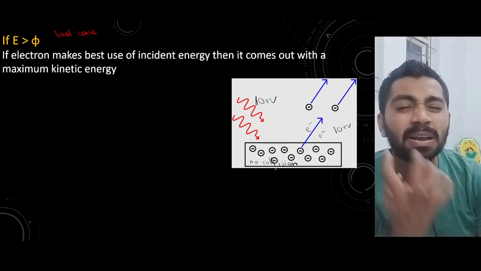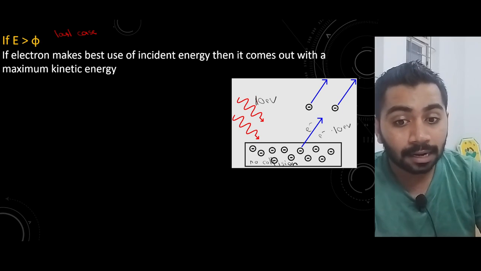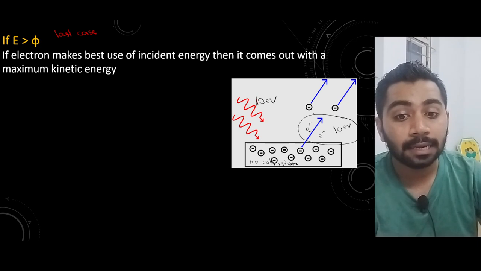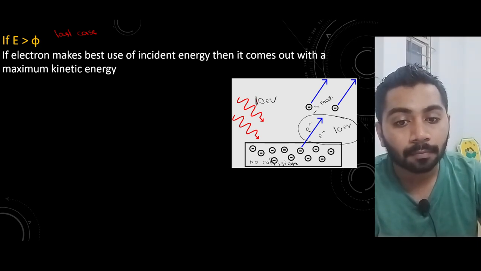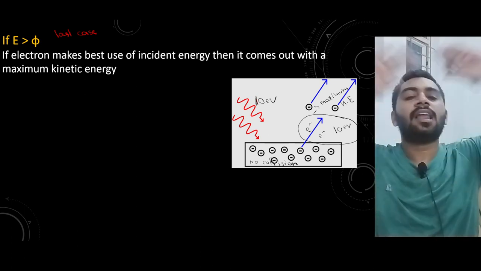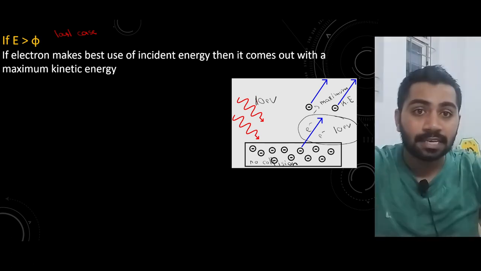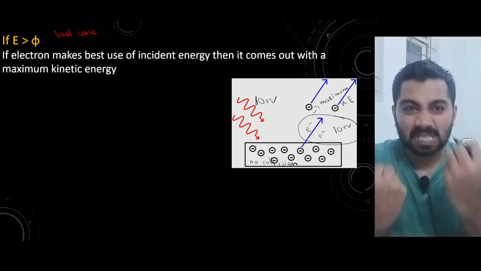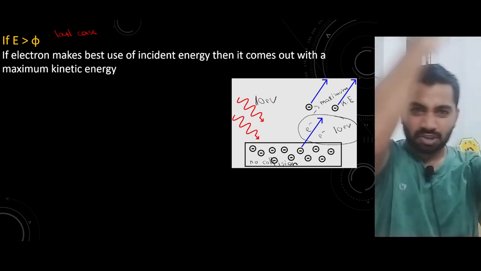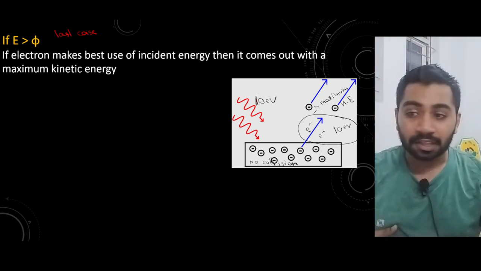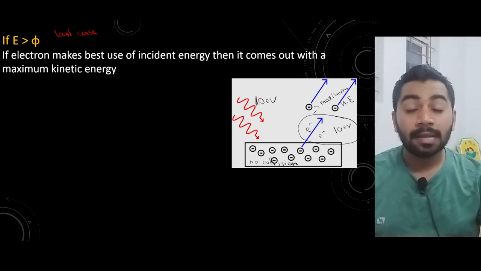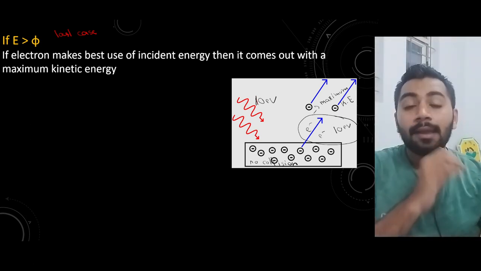It is making its best use. At that time, this electron comes outside with maximum kinetic energy. Above this kinetic energy, none exists in this photoelectric effect. That's it. Maximum kinetic energy. Very simple. If electrons use the best of incident energy, then the electrons emitted outside have maximum kinetic energy.